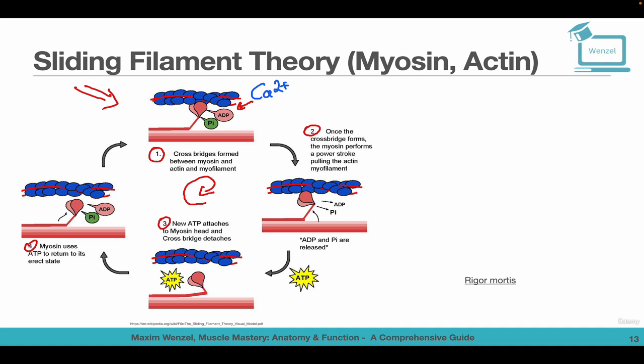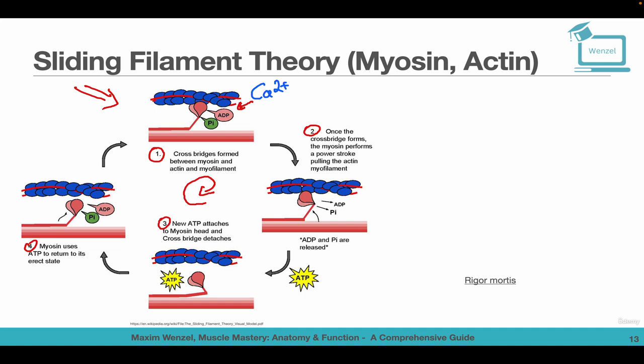If there were no calcium in this part, the myosin head wouldn't be able to connect here. So we need calcium to get free binding.